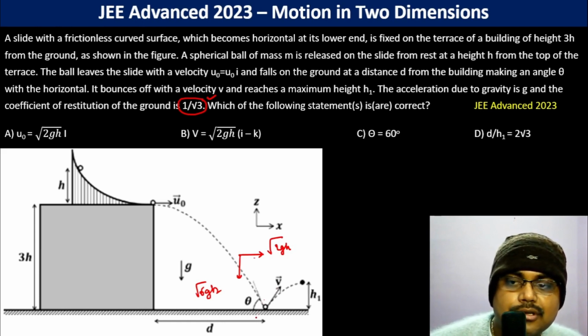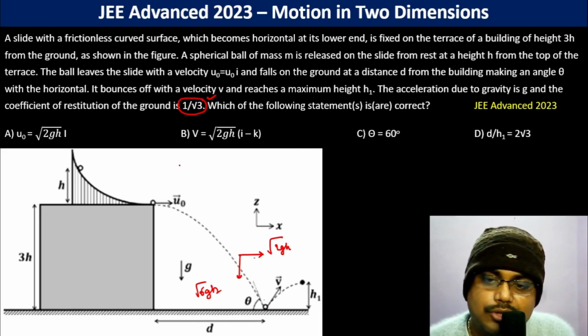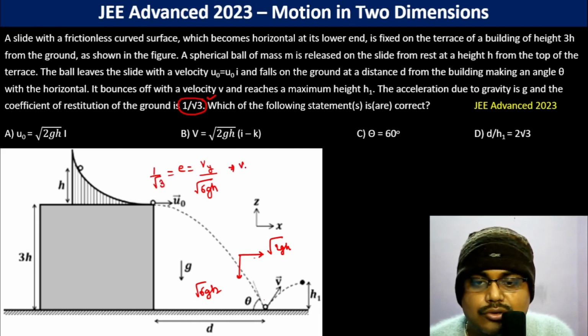Because of colliding and then going up, e is the velocity of separation over velocity of approach. Velocity of separation, let us say Vy, velocity of approach was root 6gh, and e is 1 by root 3. So Vy becomes root over 2gh.